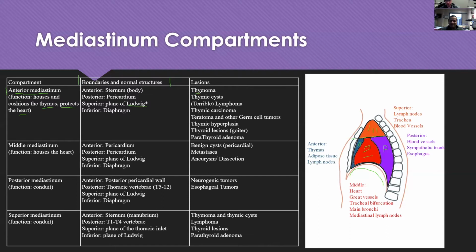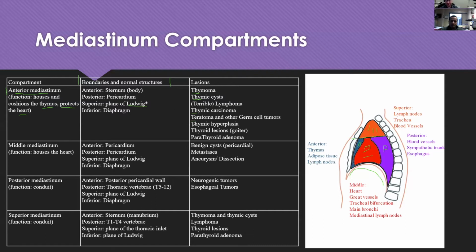So you have your thymoma, you have your thymic cyst. The lymphoma, they get in there by calling it a so-called terrible lymphoma, or I don't know, I think that's a bit of a stretch, but it's a way of remembering it. And then you can also have thymic carcinomas. And then germ cell tumors, which can commonly be teratomas to keep with the T mnemonic.